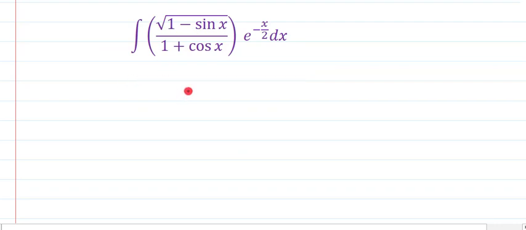Now let's take another problem. It is the integral of the square root of (1 minus sin x) upon (1 plus cos x) into e power minus x upon 2 dx. The main question that arises in our mind is how to identify that the given problem is of which type.